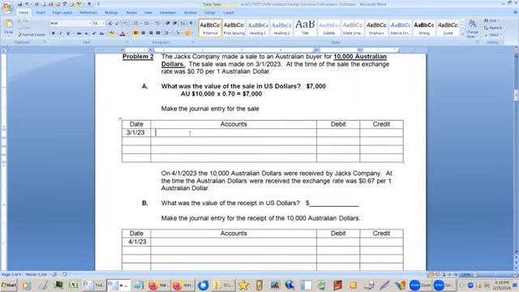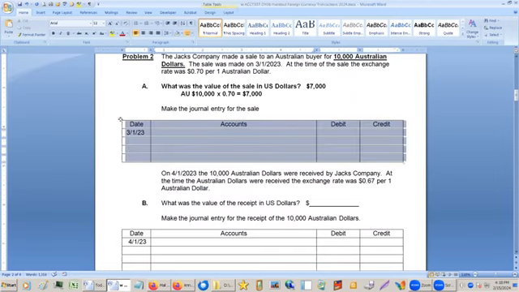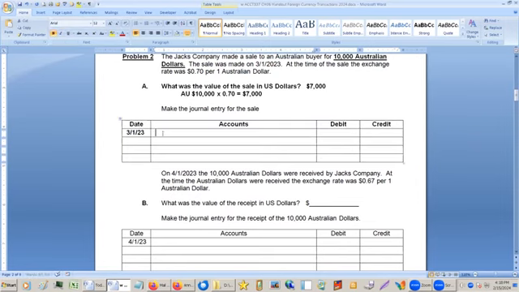Assume these are made on account, so it would look like this: accounts receivable, asset going up for 7,000. And sales also going up by 7,000.